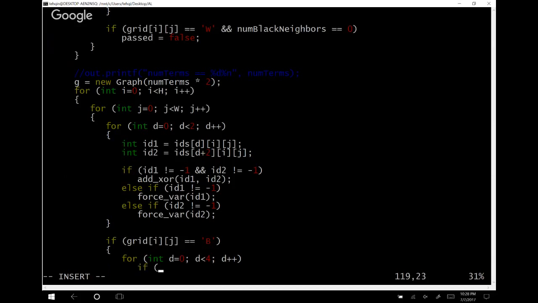Yeah, so you should always test your boundary cases. That's the important rule here.